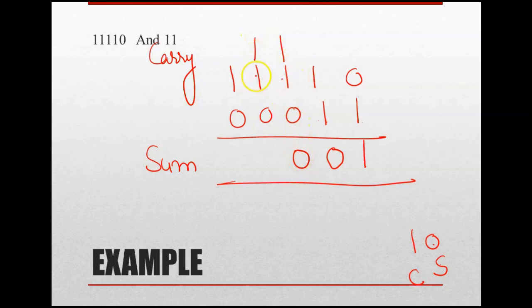Again the same thing: 1 plus 1 is 0 and 0 plus 0 is 0, but because of this one carry will come. Then 1 plus 1 is 0 and 0 plus 0 is 0, and again one carry will come and that carry will be appended here. So this is the final output of this example, where the first number has a total of 5 digits and the second number has a total of 2 digits.